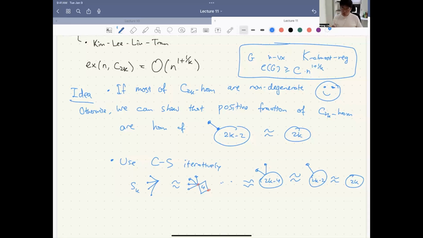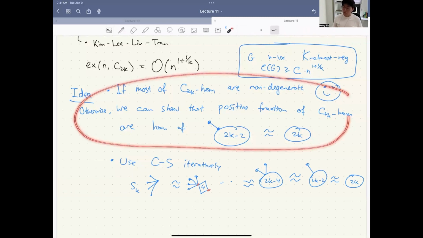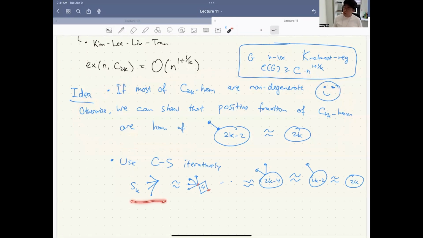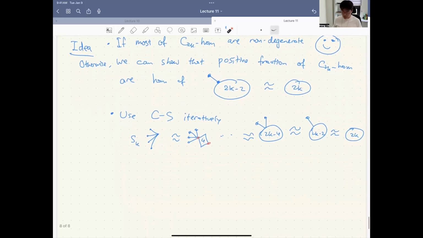So at the end, we show that if our hypothesis is that most of the 2K homomorphisms are degenerate, we somehow can show using iterative Cauchy-Schwarz that the star of size K has roughly the same order of magnitude of homomorphisms as the 2K cycle.